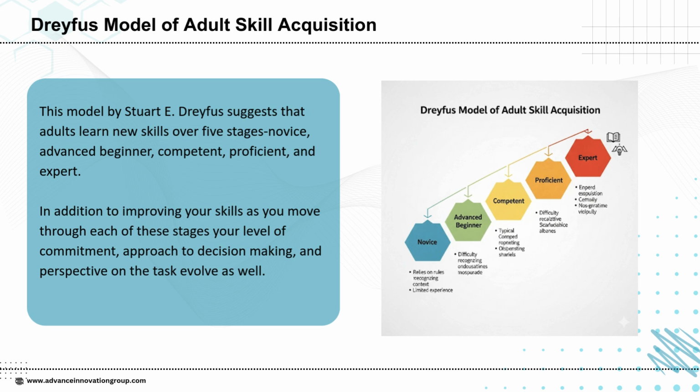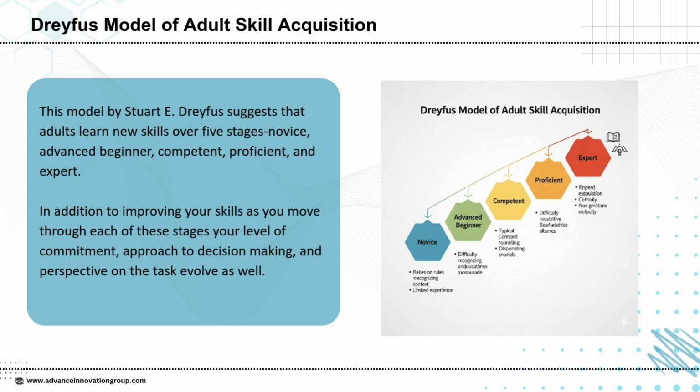The model identifies 5 stages: novice, advanced beginner, competent, proficient, and expert. At each stage, not only do skills improve, but the individual's commitment, decision-making approach, and perspective on the task also evolve. In the novice stage, learners rely heavily on rules and instructions with little situational understanding.